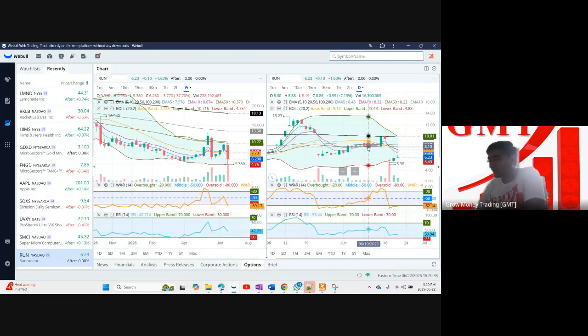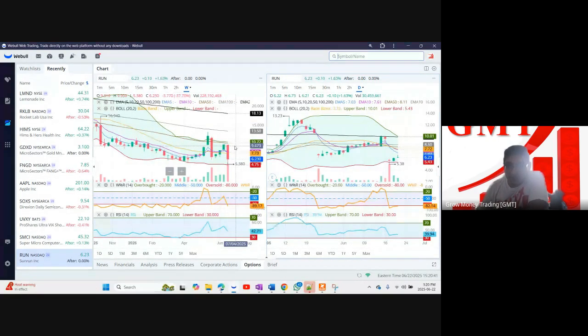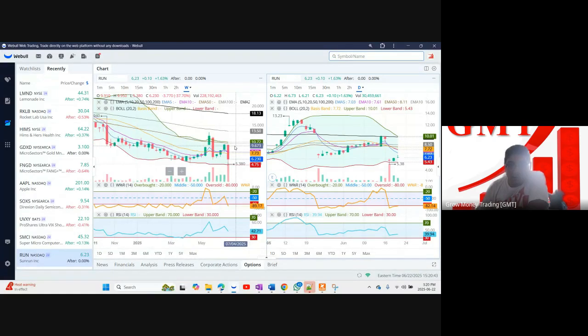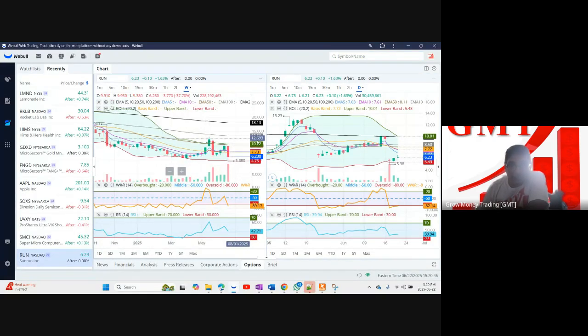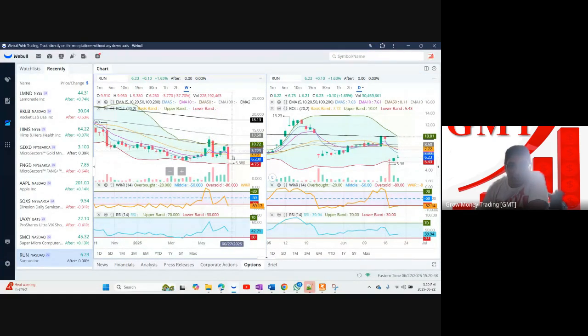Okay. So we take the next one. Run on a weekly chart. It has had a considerable drop last week, and in the last two sessions, it didn't let it touch the lower Bollinger Band, but it has some buyers coming in.